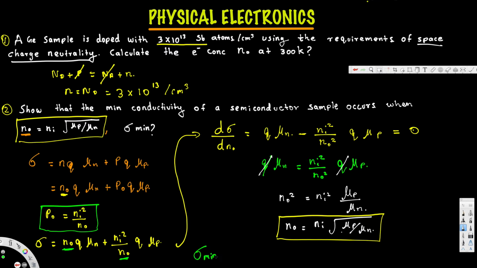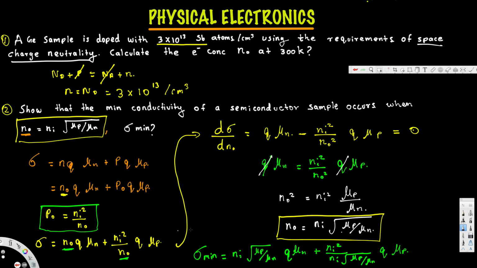So sigma minimum is going to be what? Instead of n0 right here, we are going to have ni times the square root of mu p over mu n times q mu n, plus ni squared over n0, so instead of n0 I am placing ni times the square root of mu p over mu n, and that multiplied by q mu p.